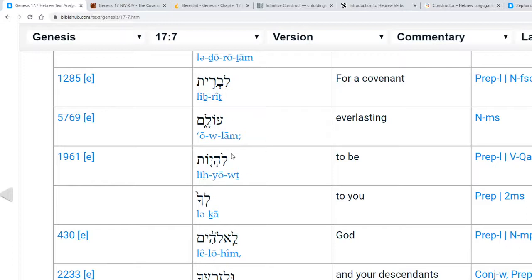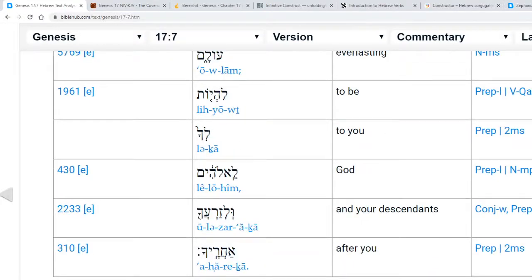Lihiot, and this is the infinitive of the verb to be, right? Lihiot, to be. Lecha, prepositional lamed, chaf, this is second person masculine singular, to you. Le Elokim, so prepositional lamed meaning as. Elokim, name of God. So I shall be to you as a God, which is a slightly strange thing, right? That lamed there.